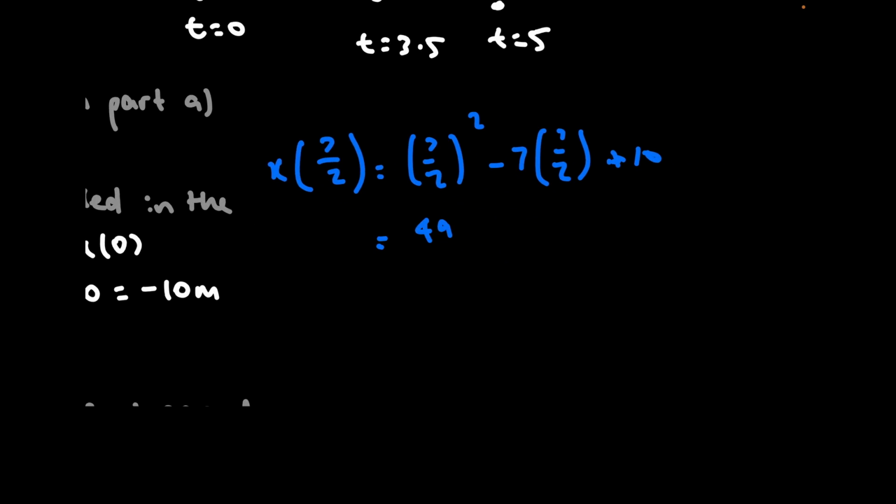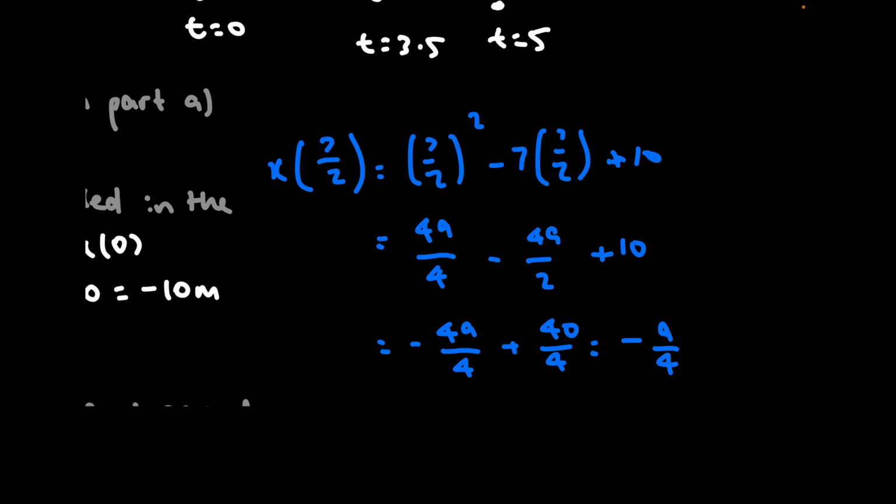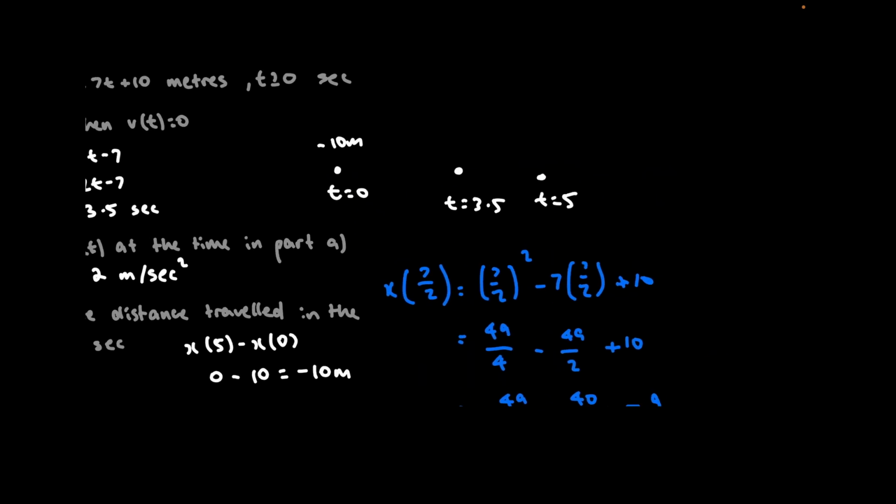So we get 49 over 4 minus 49 over 2 plus 10. These two here are simply the same as minus 49 over 4, plus 10, and plus 10 is the same as plus 40 on 4. So this is the same as minus 9 on 4 meters. So we can say the displacement here is minus 9 on 4 meters.